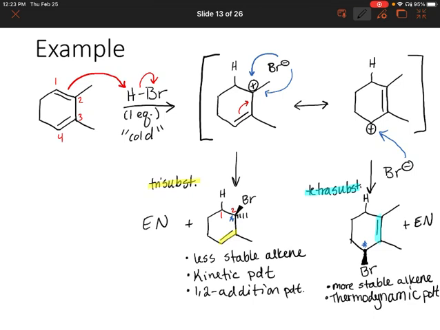Okay, and then what about our other product? Well, that must be the 1,4 addition product. Okay, now let's try to figure out which one of these would be the major product. And remember, we performed this reaction at cold temperatures.